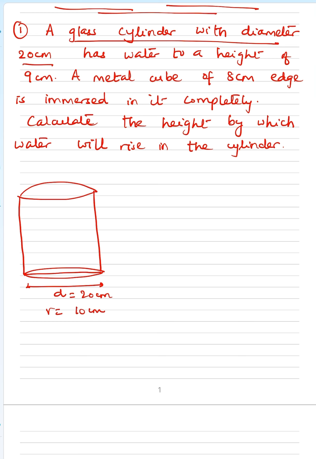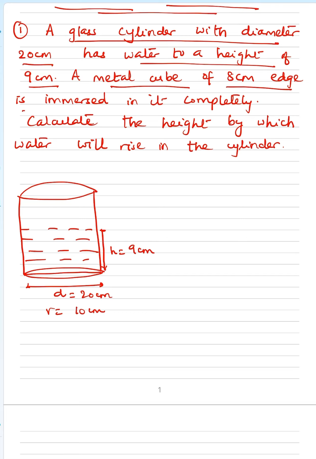Now, it has water to a height of 9 centimeters. This cylinder is filled with water. This is the water in the cylinder and its height, h, is equal to 9 centimeters. Now a metal cube of 8 centimeter edge is immersed in it completely.